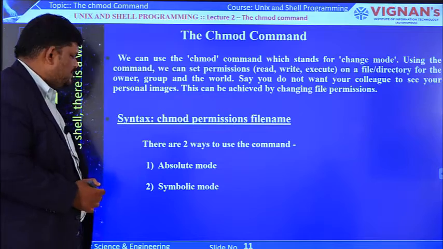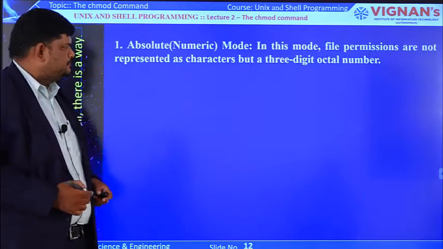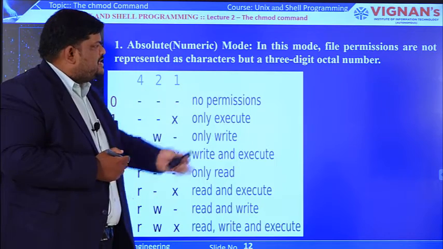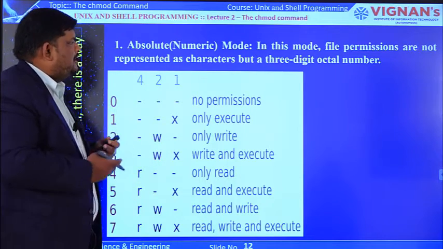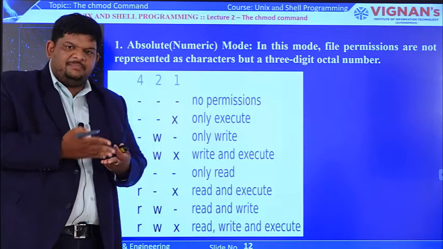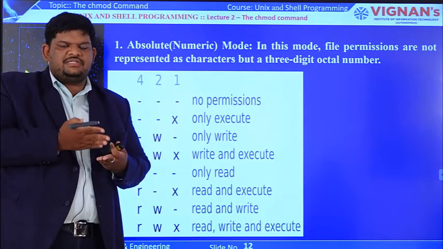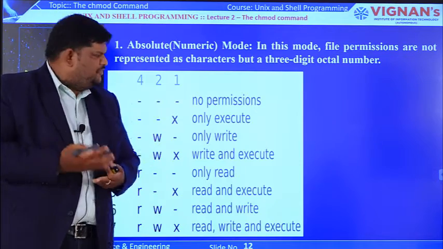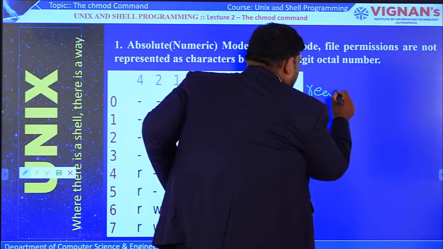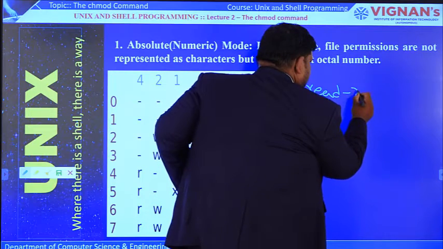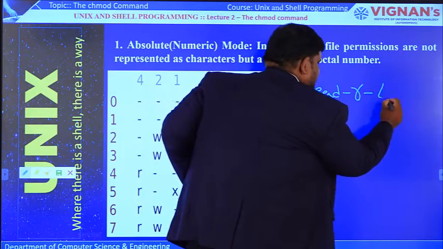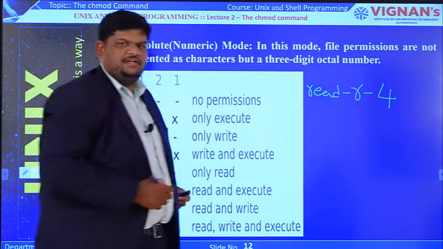Now let us see the meaning of absolute mode. In absolute mode we change the file permissions in the form of octal numbers, not in the form of characters. We already know read permission is indicated with small r, and its octal value is 4. These are fixed values.